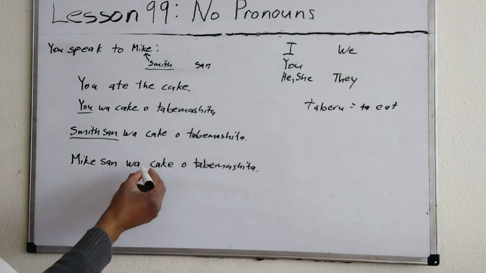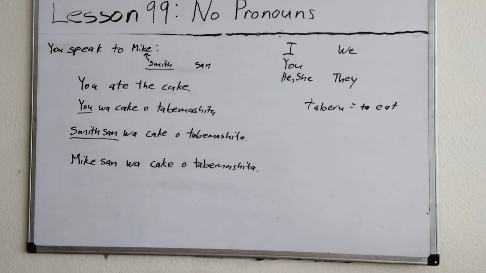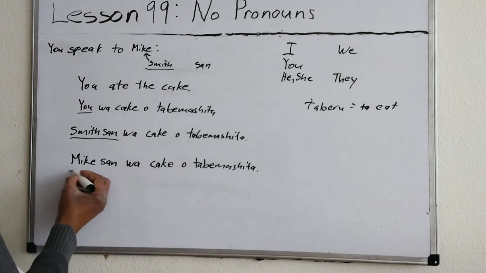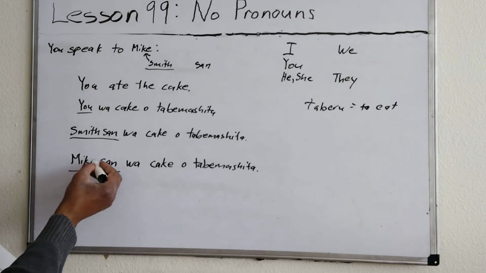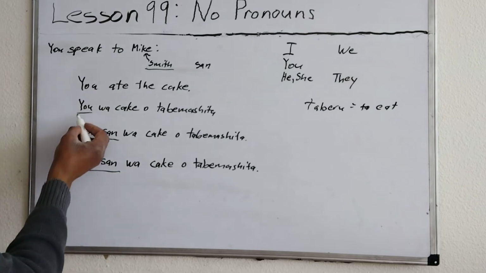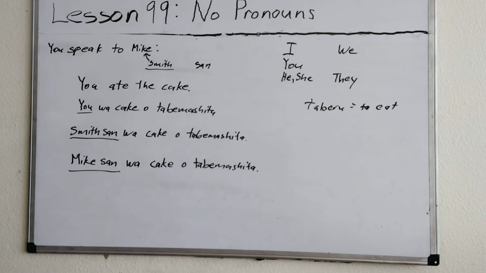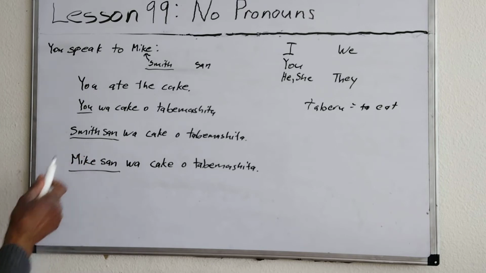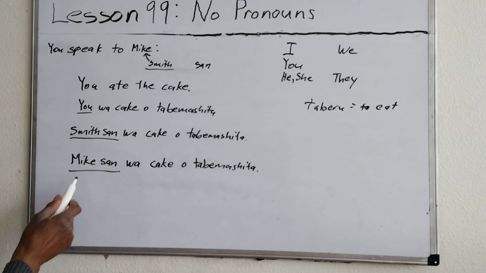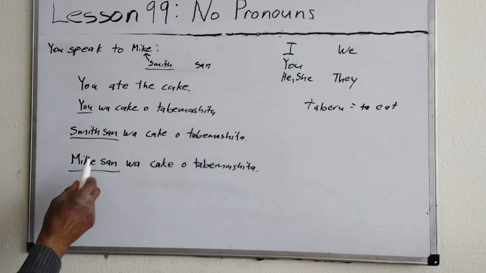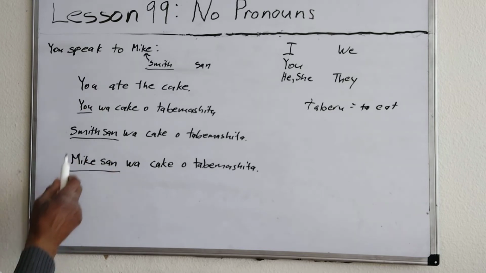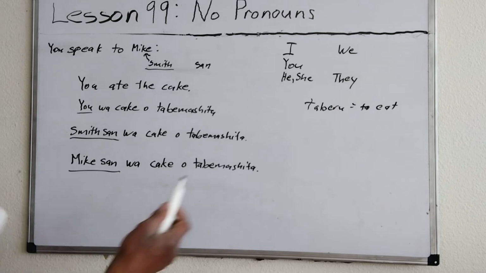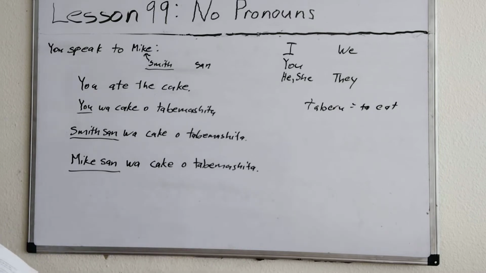Okay, Mike-san wa cake o tabemashita. So this time you would replace it with his first name. Notice he's still not using you. That's kind of impolite. So whether you use his family name, Smith, or his personal name, Mike, you still always don't use you. That's basically how that is.